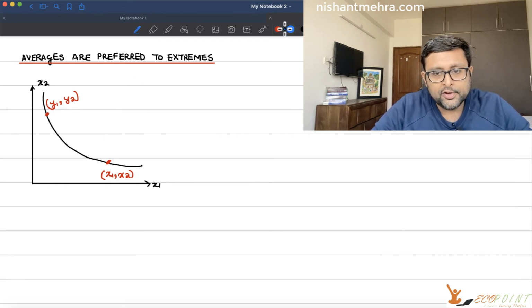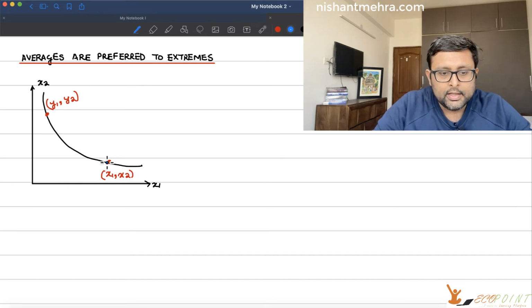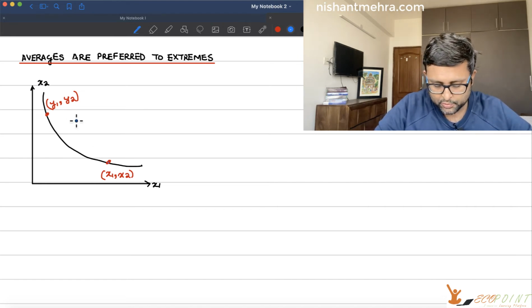Now you take the average of these two bundles. The average would be the average of the first commodity, x1 plus y1 upon 2, comma, the average of the second commodity, x2 plus y2 upon 2. That is what you will be doing.